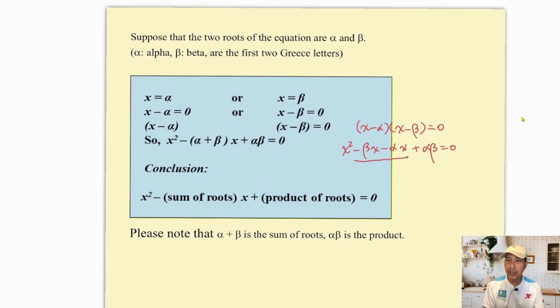Bear in mind the nature of alpha and beta. Alpha and beta are the two roots of the equation, so alpha plus beta is actually the sum of roots, and alpha beta is the product of roots. Okay, so we have a new formula. We remember this formula, and then we will use it to solve the previous examples.